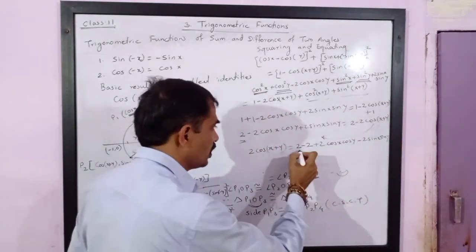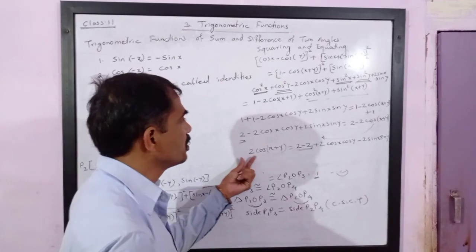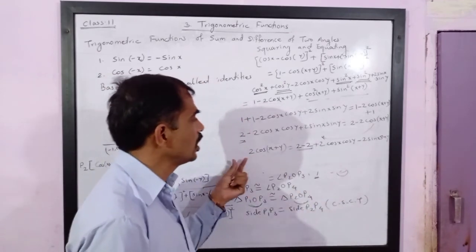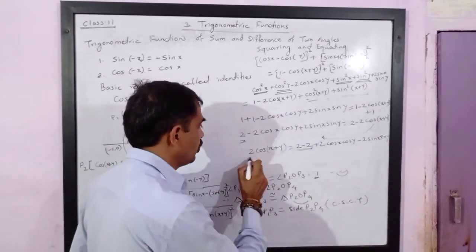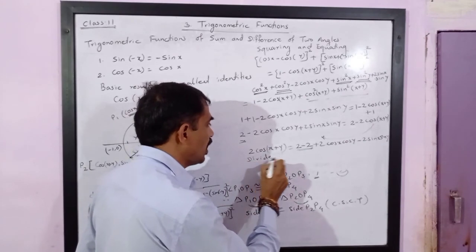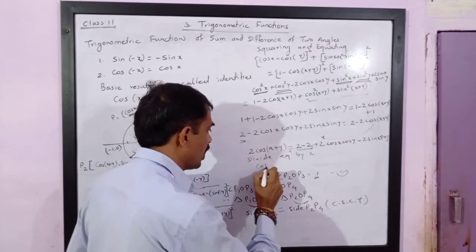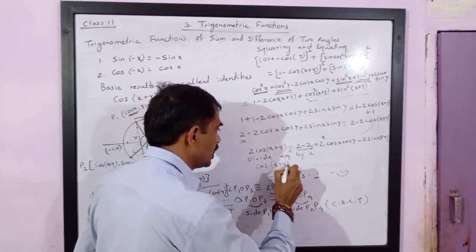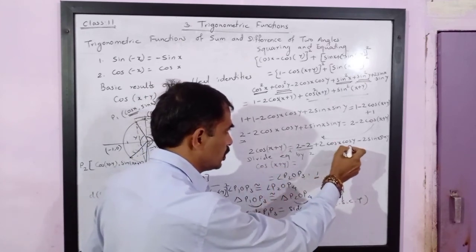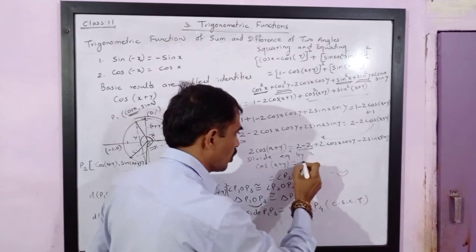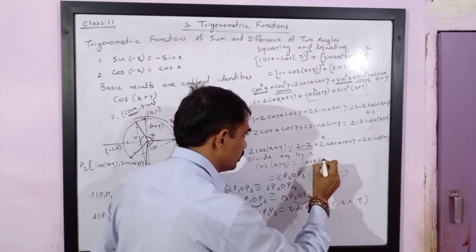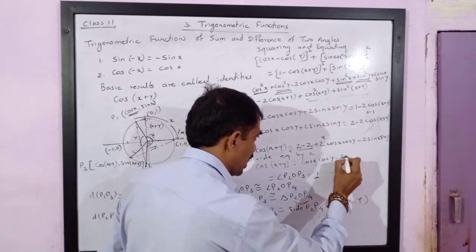Now please note this cancels and all terms are multiples of 2. So you can divide the equation by 2. If you divide the equation by 2, you will get cos of x plus y is equal to cos x cos y minus sin x sin y.